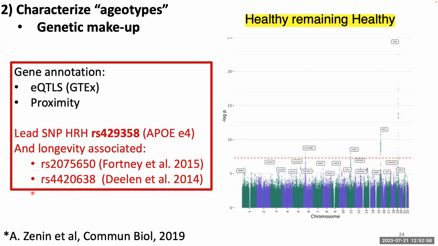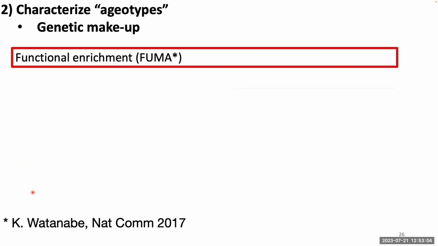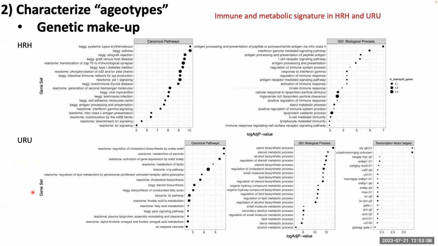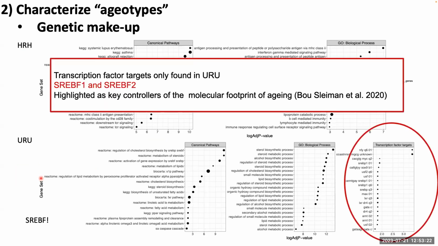We also found 2 SNPs associated with longevity, which was quite interesting. We proceeded after the annotation with functional enrichment. And in very general terms, there was an immune signature driving these remaining healthier phenotypes, whereas the remaining unhealthy was mainly driven by a metabolic signature and lipid biosynthesis.